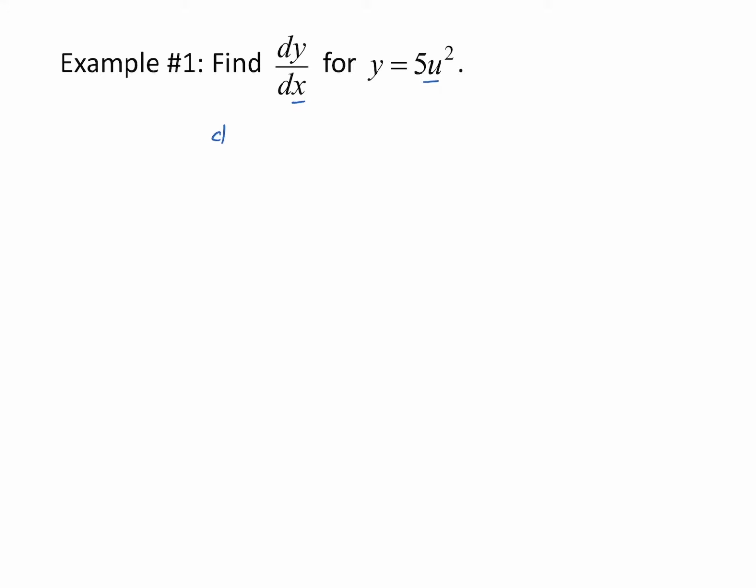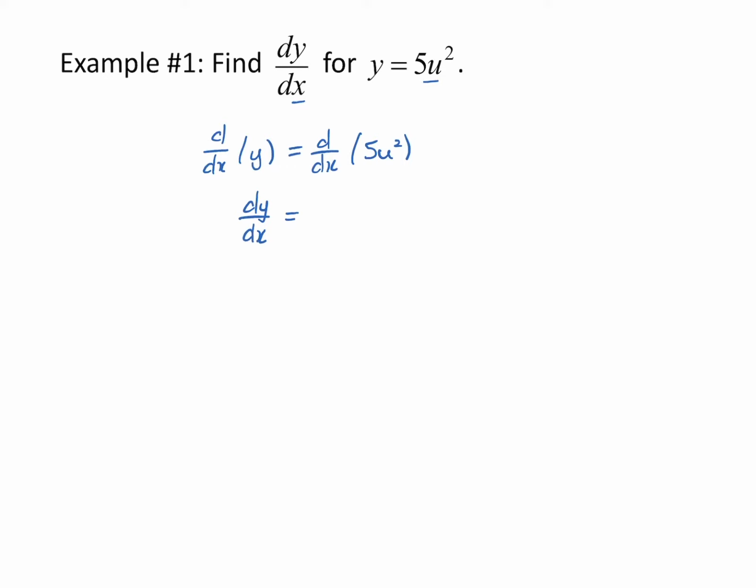So when we take the derivative of this, I'm going to write this in this way. So d by dx of y is equal to d by dx of 5u squared. Because when we take the derivative and we end up with that dy/dx, really all we're doing is d by dx of y, and that's where the dy/dx comes from.